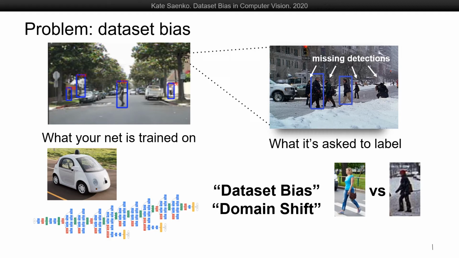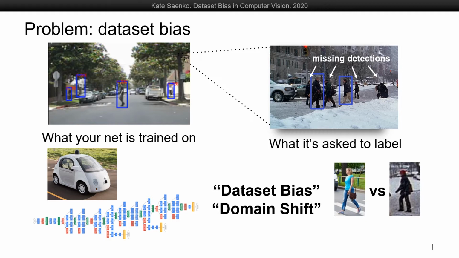Usually there's some reason why this dataset shift occurs, and it's often hard to anticipate how it will change. In this example, in the source, the training domain, the data looked a certain way because California is mostly sunny, and people wear certain clothes there. At test time, if we get data from somewhere in the northeast in the winter, the sidewalks may not be visible due to snow.